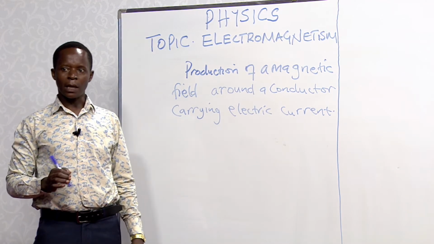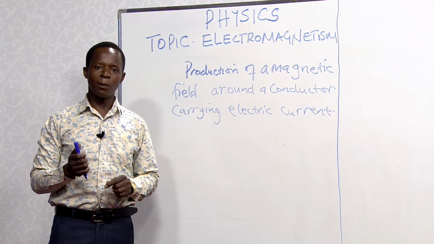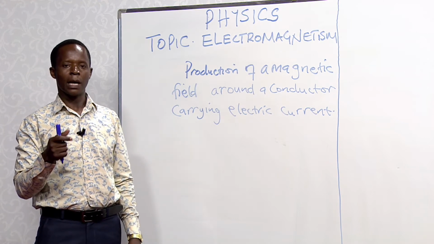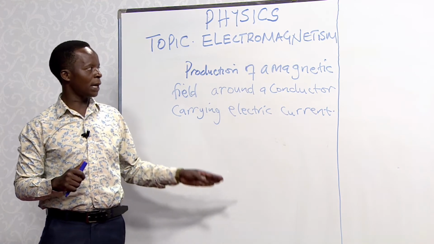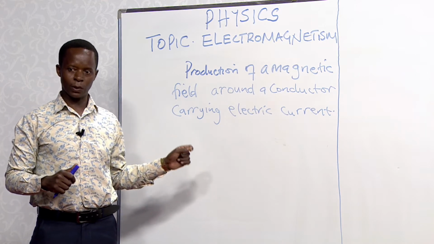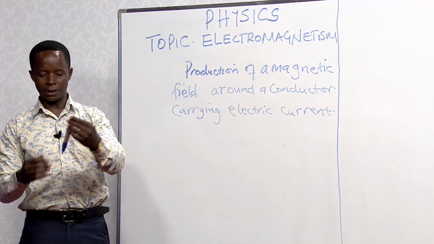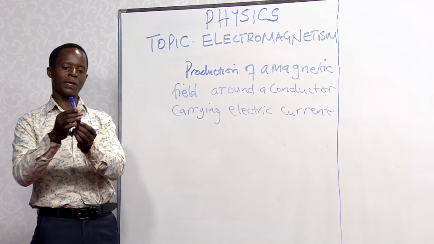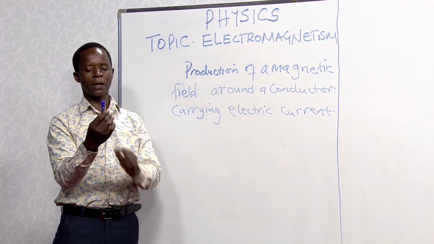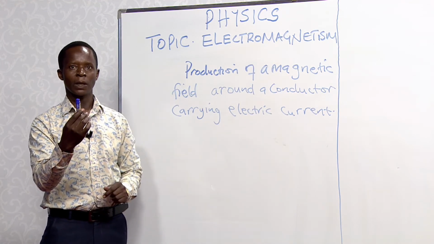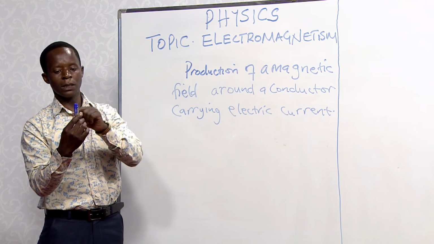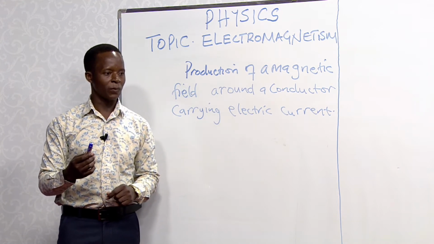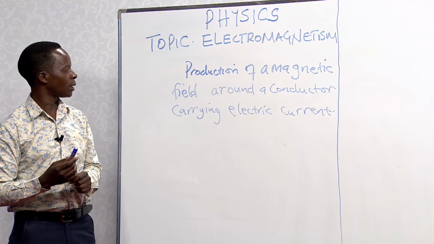So we are saying that when you have a conductor, for example, a wire, and that wire is carrying electric current, around this wire there is a magnetic field produced. For example, if we hold this and you say that this is the wire through which electric current is flowing, then you realize that around this conductor there is going to be a magnetic field due to the current that is flowing in the conductor.